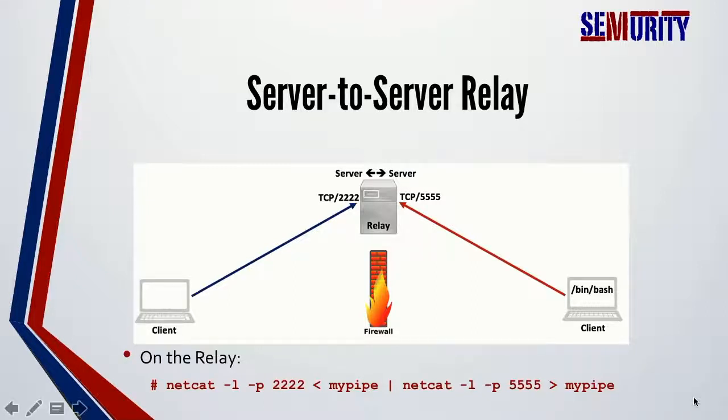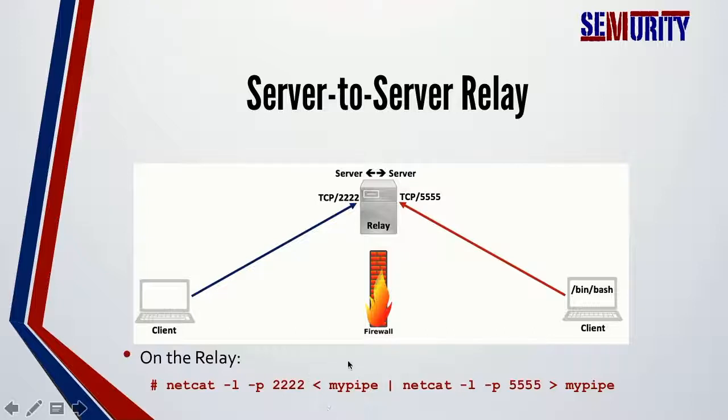So we will have two netcat running on the relay, both of them on the server mode, one listening on port 2222 while the second one is listening on port 5555. And then our machine, the penetration testing machine, is gonna connect to the relay system on port 2222, and the target machine is gonna connect to the relay as well on port 5555.